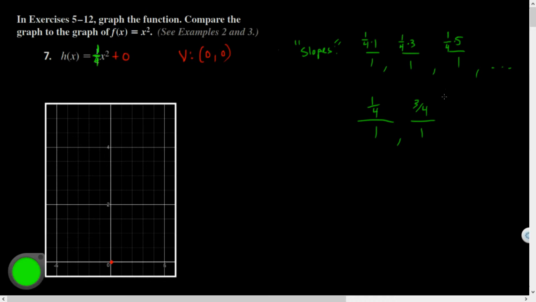And 5/4 will be 5/4 over 1. These numerators are going to be the amount that my rise is, my up, and my denominator is going to be my run, which is always 1.